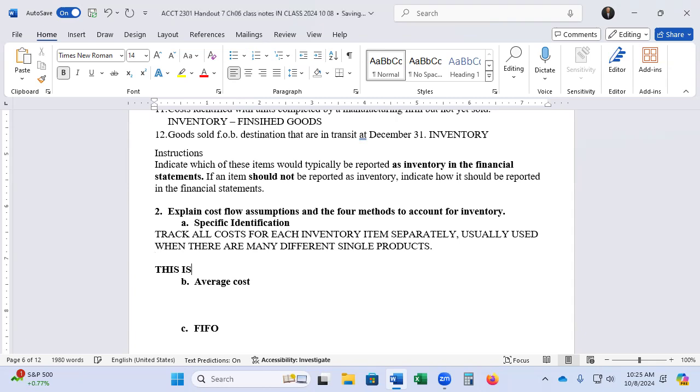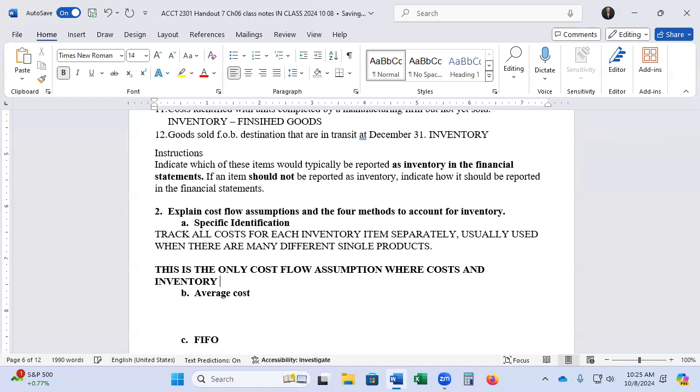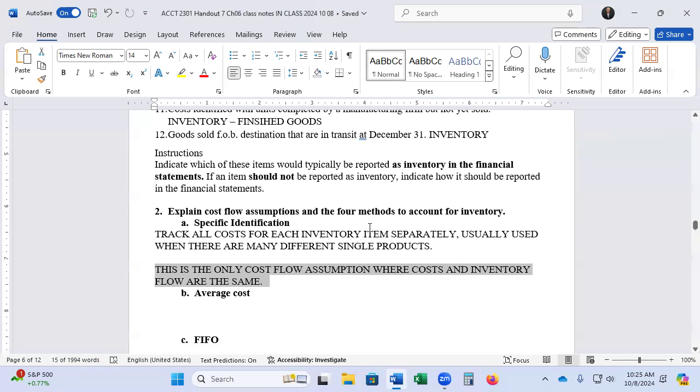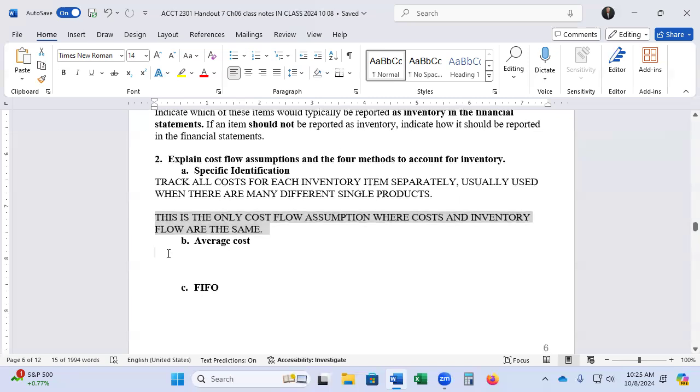And this is the only cost flow assumption where costs and inventory flow are the same. This means when you sold item X, you sold item X. It's not there anymore. All right.